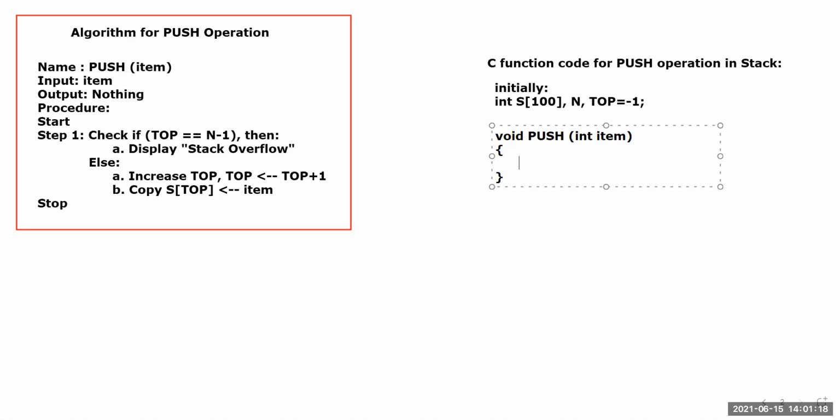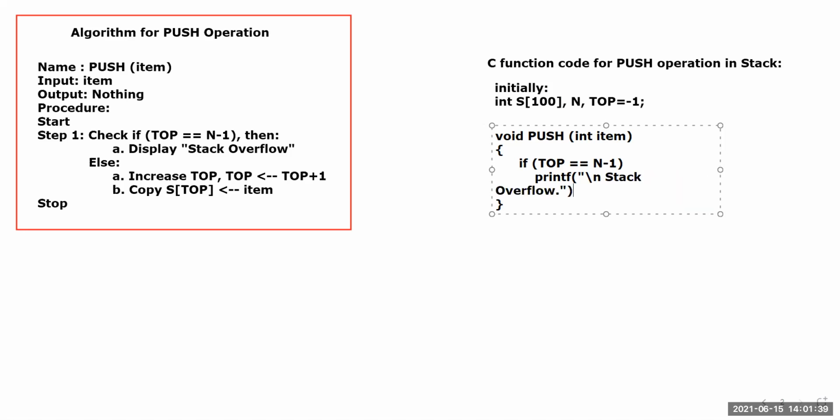Then just write the C code. How is it done? We'll check if top is equal to n minus 1, then we will just printf stack overflow. Simple.